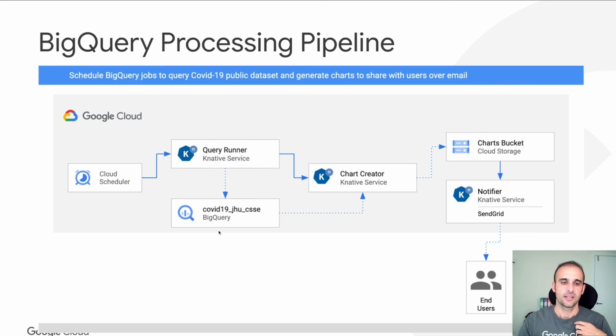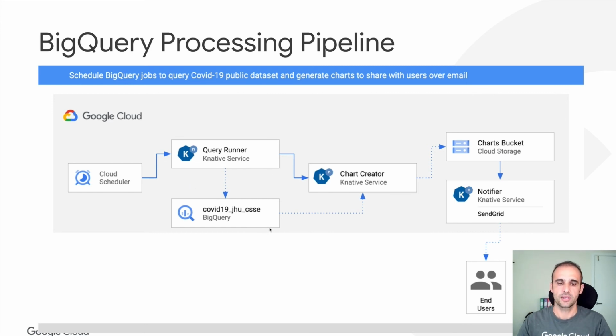Now, once I make this query and save it to a table, I send a custom event. So I reply back to broker and say, okay, I run a query. I just reply back with a custom event that goes to another service called Chart Creator. It's a Python service that will read this table and create a chart from it using Matplotlib library, right?